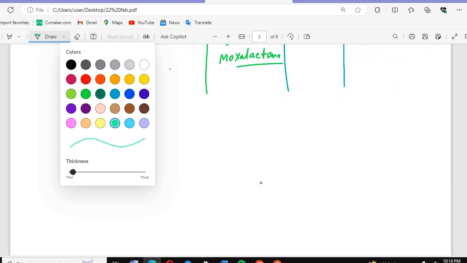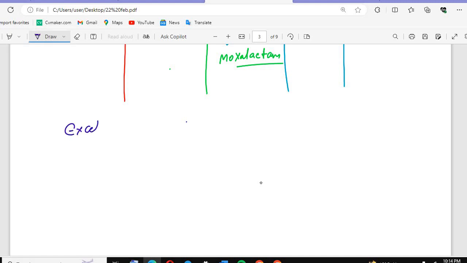What are the exceptions you need to remember? These are the exceptions. We have cefuroxime. What is that drug? It has the me, so me comes in the third generation, but it is the second generation.